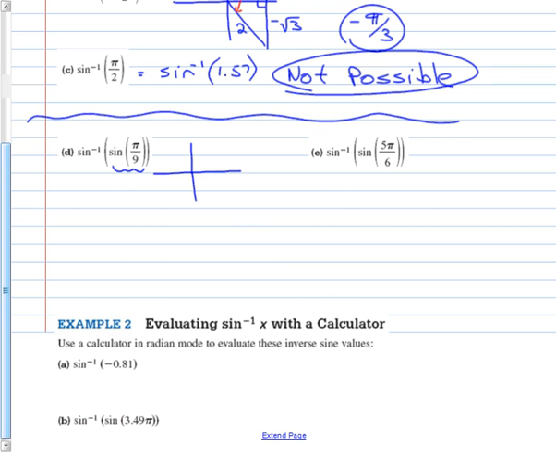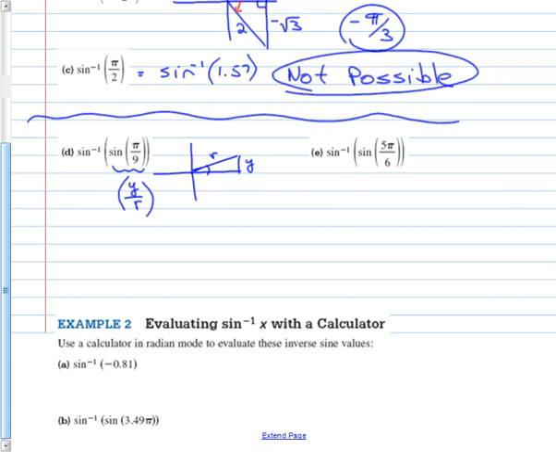If I drew a picture, we're not really doing inverse sine now, we're just doing sine of pi over 9. The pi over 9 angle would be a real small angle right in there, 1/9 pi. So I'd have some y value over some r value. It would be positive. So the sine of this happens to be y over r.